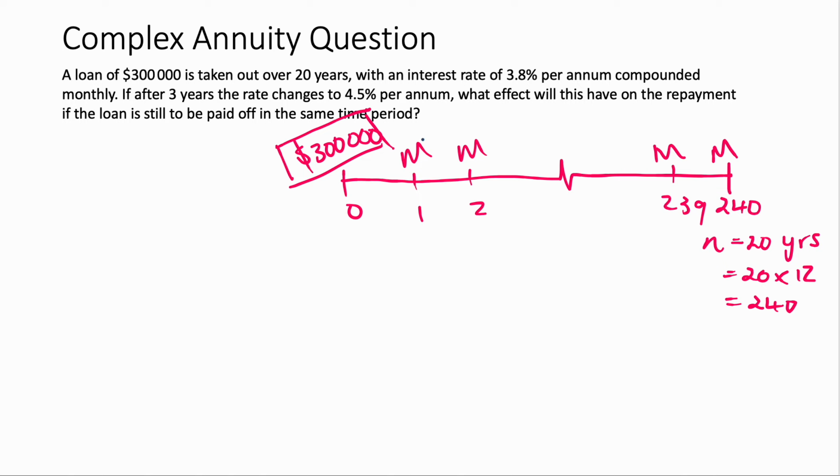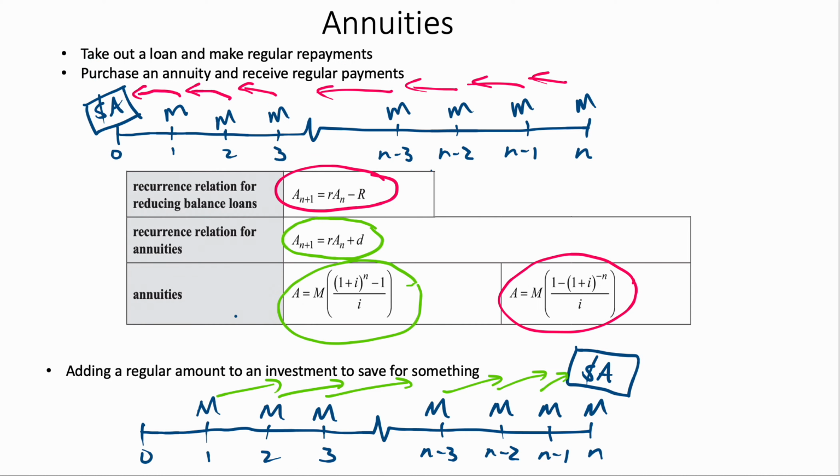Remember that all these monthly payments coming back in time have to be equivalent to this $300,000 back at this point in time. So from our annuity formula sheet, the formula we use when we're bringing all the monthly repayments back to the beginning is the one with the negative n in it.